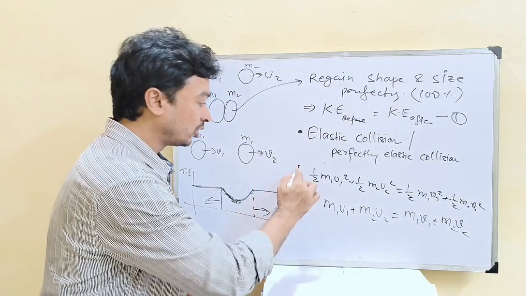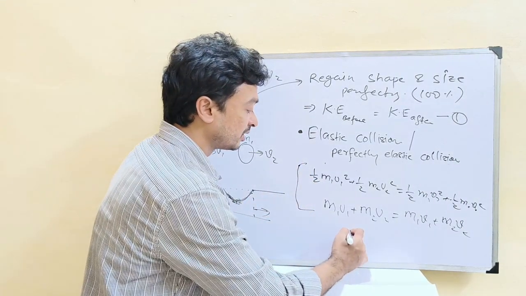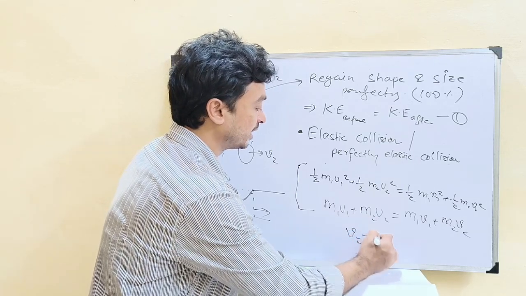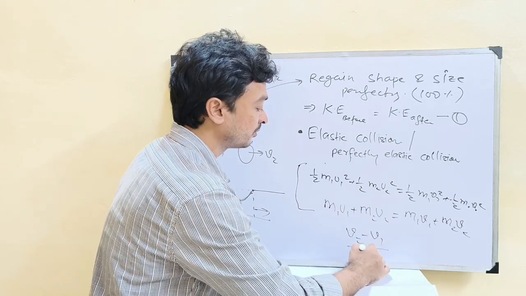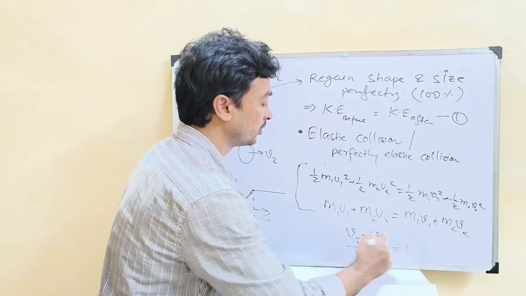When you solve both the equations, you will get that (v2 minus v1) divided by (u1 minus u2) is equal to 1.